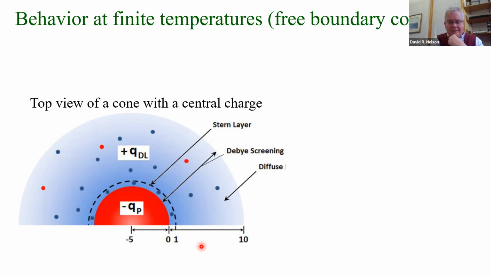So here is a classic picture of Debye-Huckel screening, but I want you to think about this in the conical context, so it's kind of a quasi 2D Debye-Huckel screening. So there's going to be this effective charge at the vertex of the cone, and no defects at 0 temperature, but of course if I go to finite temperature I get defect pairs.